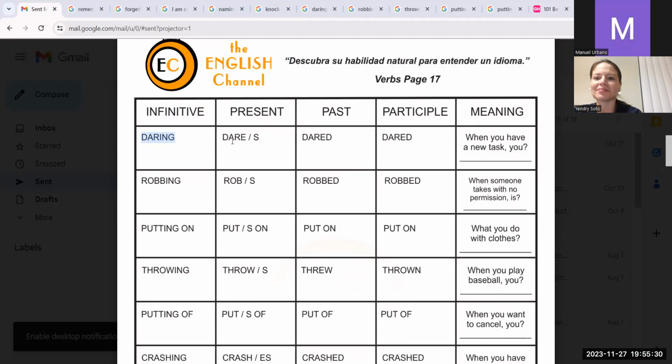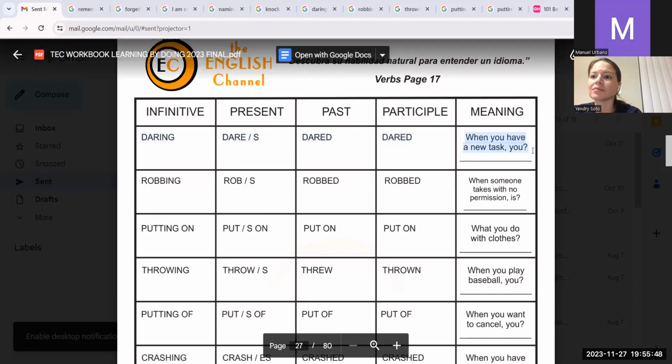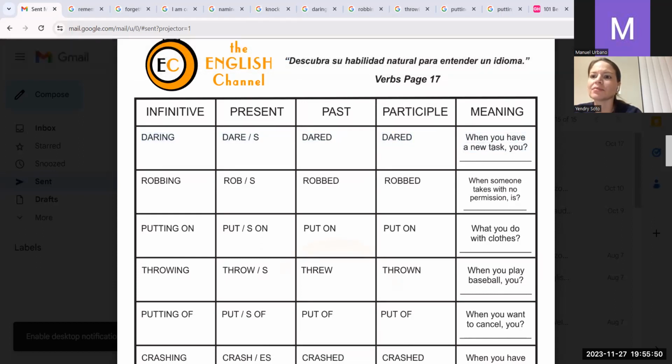Please repeat: daring, dare, dares. So it's a regular verb, and it's when you have a new task. A new task, es una nueva tarea.